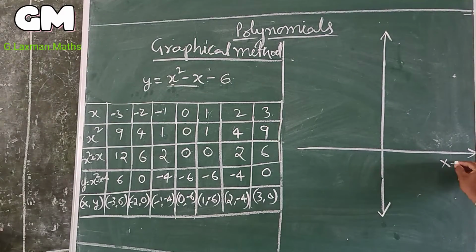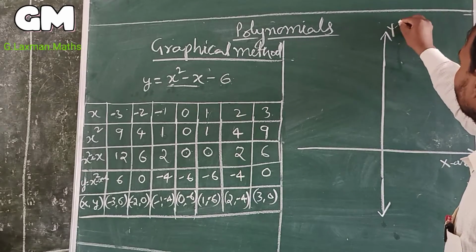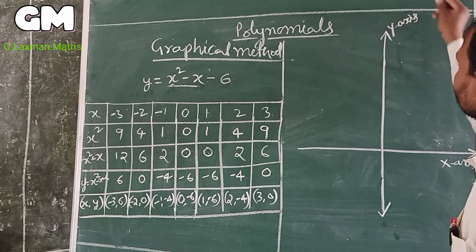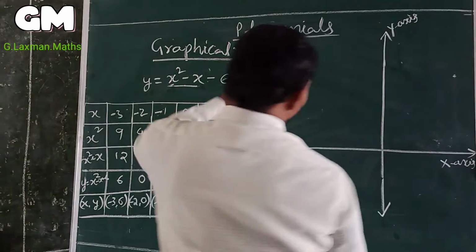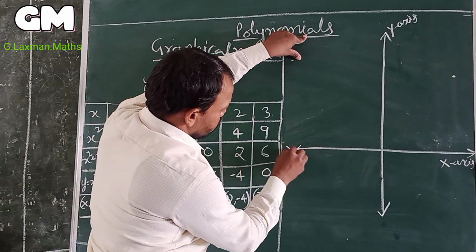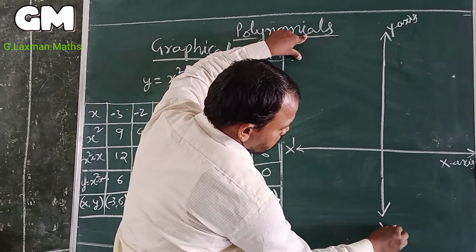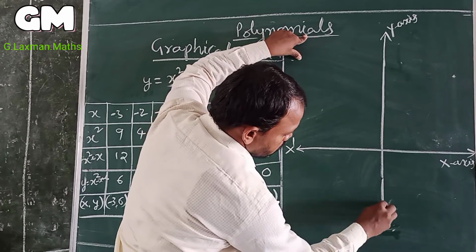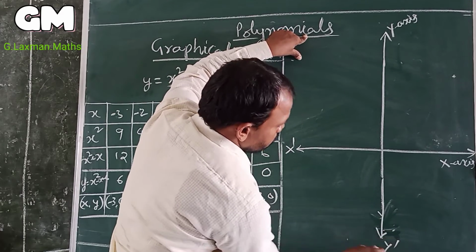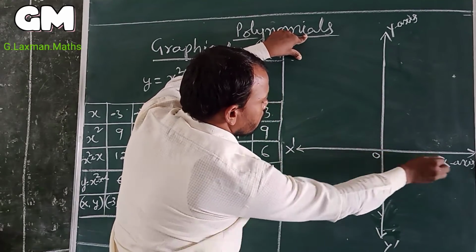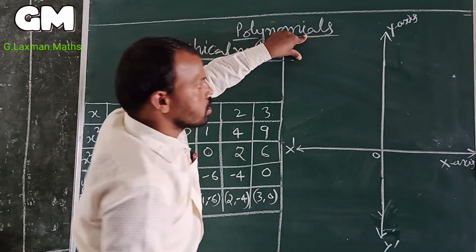Write x axis and y axis, and this is x dash and y dash. The intersecting point of the x axis and y axis is 0.